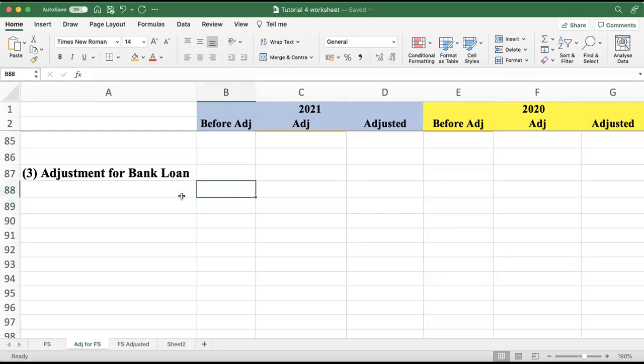Now let's prepare the amortization schedule.